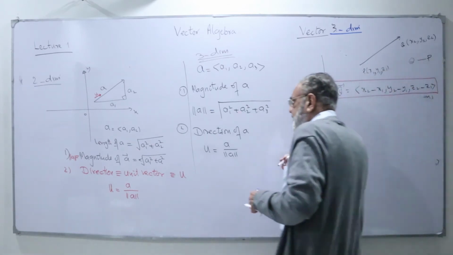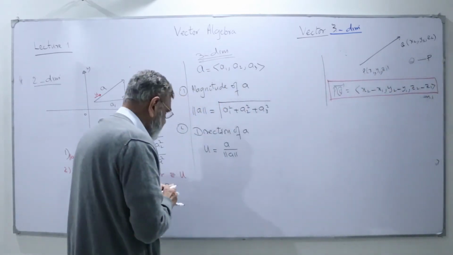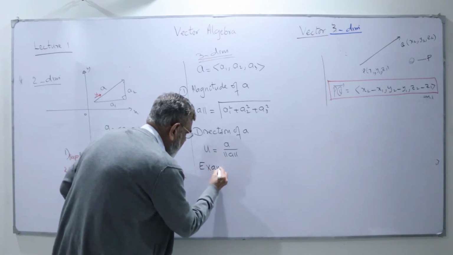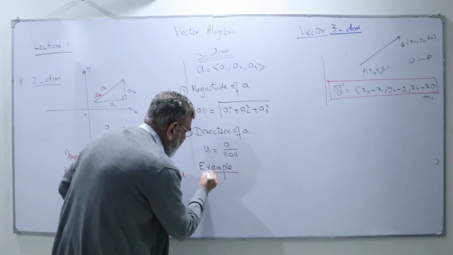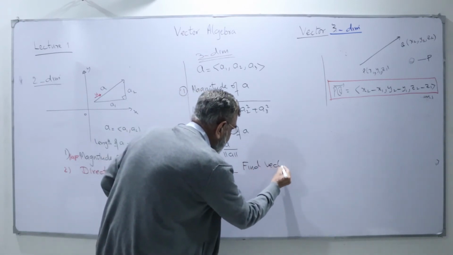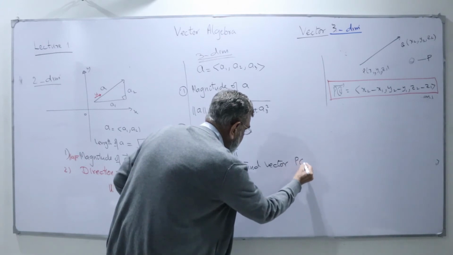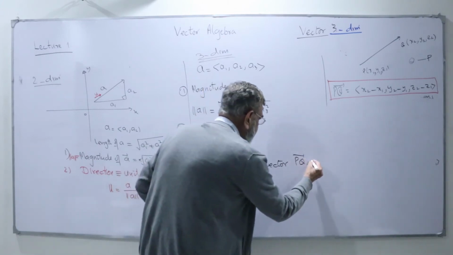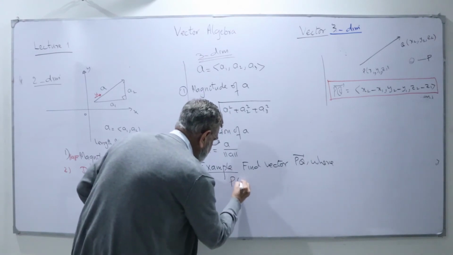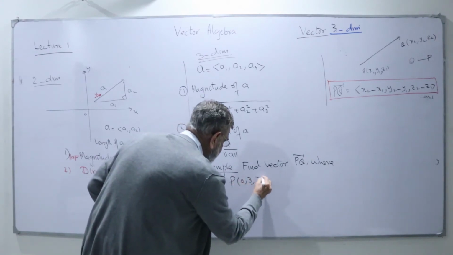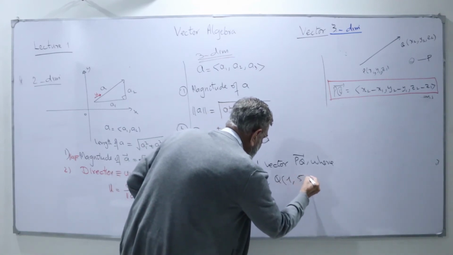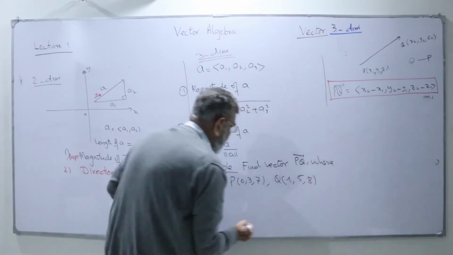Our example is: find vector PQ, where point P is (0, 3, 7) and point Q is (1, 5, 8).